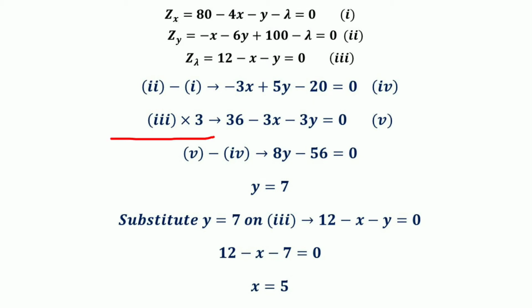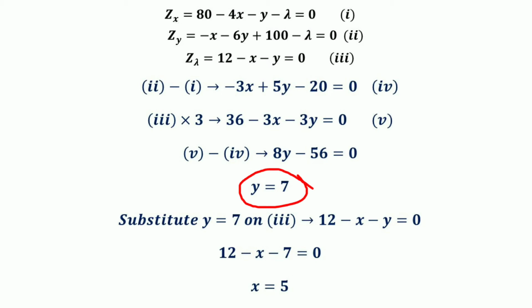Similarly, we multiply equation number 3 by 3, then it will become 36 minus 3x minus 3y, which is equal to 0, the fifth equation. Now subtract equation number 4 from equation number 5, then it will become 8y minus 56 is equal to 0, then y is equal to 7.